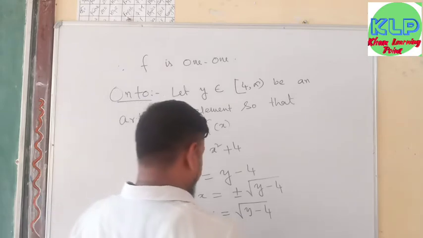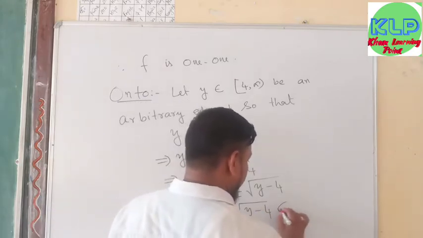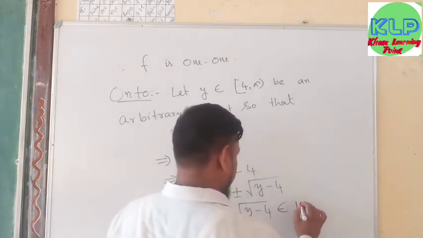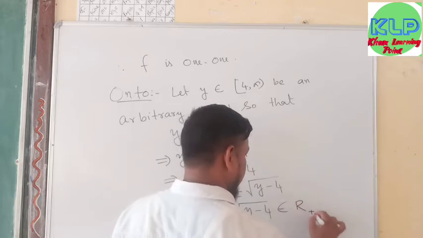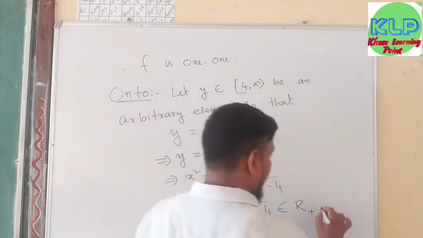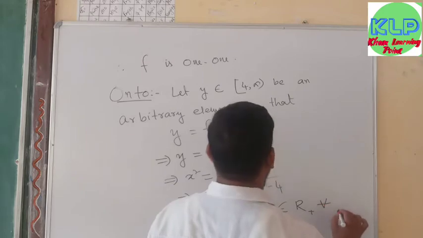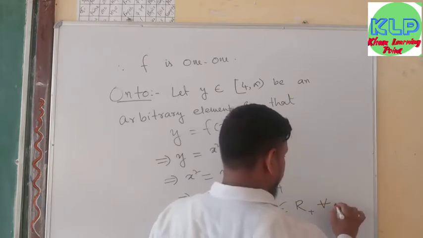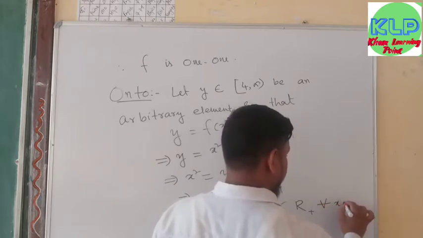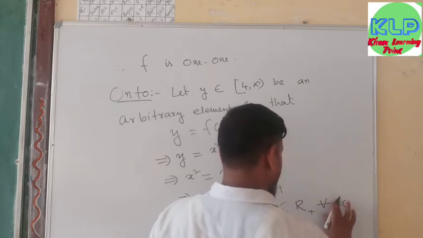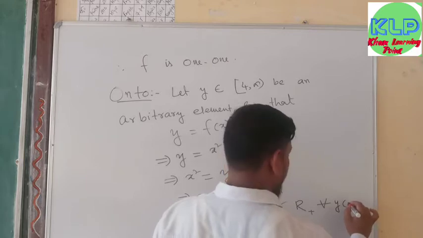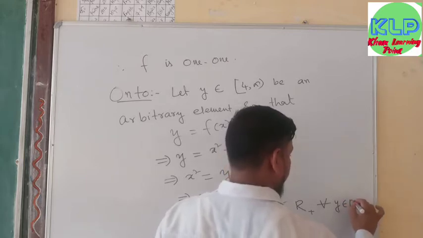सो व्हिच बिलोंग्स टू R positive for all x, for all y belongs to 4 infinity.